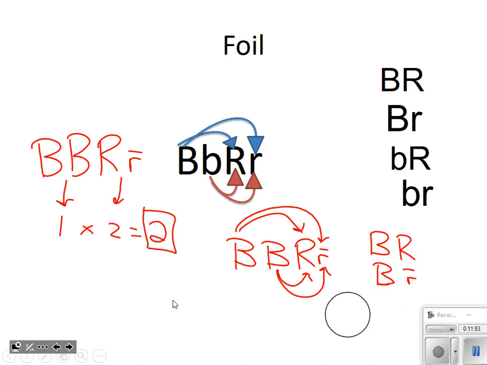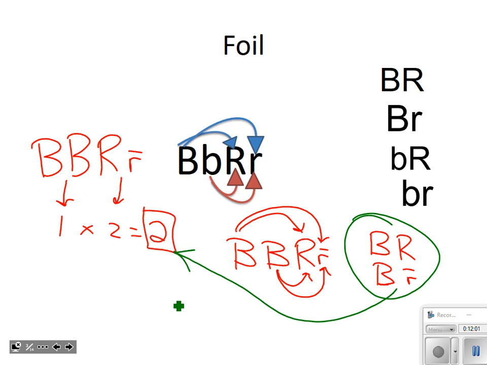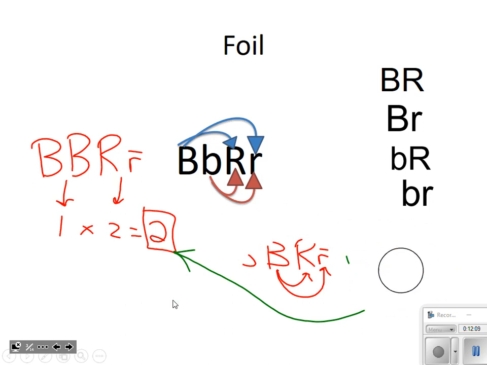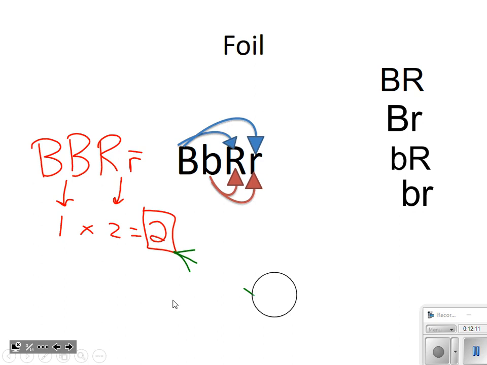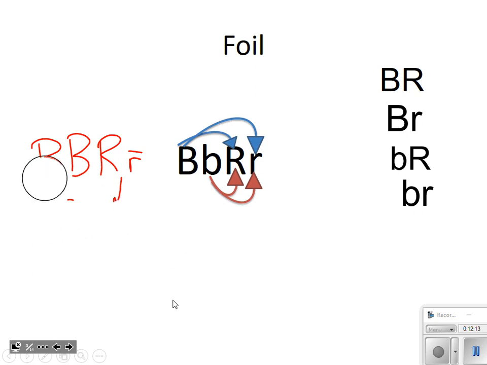So then, since those 2 repeated, how many gametes do we have? How many gametes right here? 2. How many did I say we had? 2. Okay? So, that is FOIL. FOIL we can use no matter what, even if we have only 1. Even if we have only 1, we can still use FOIL.